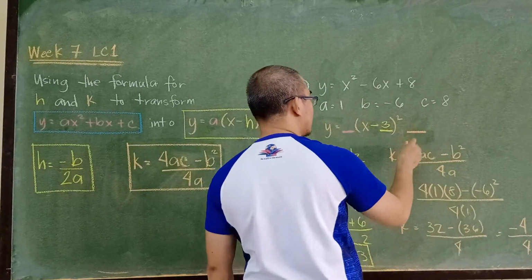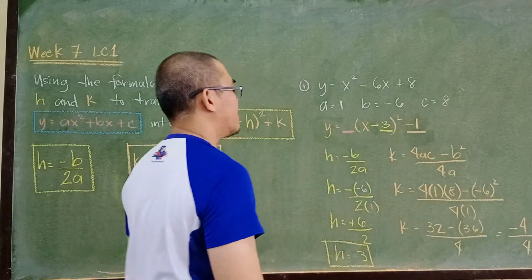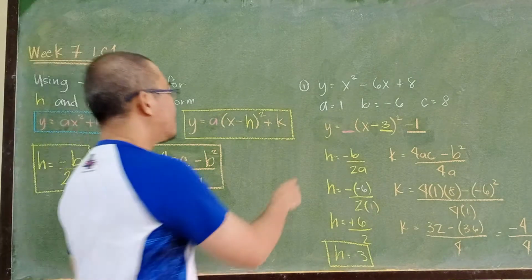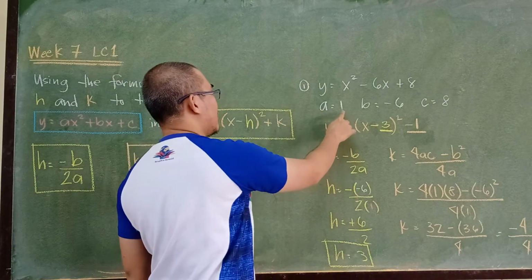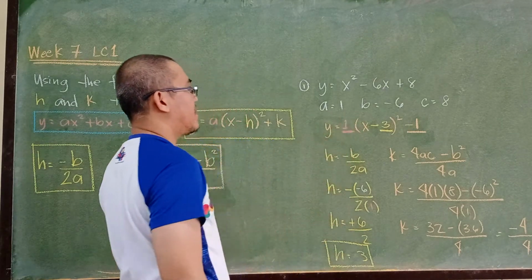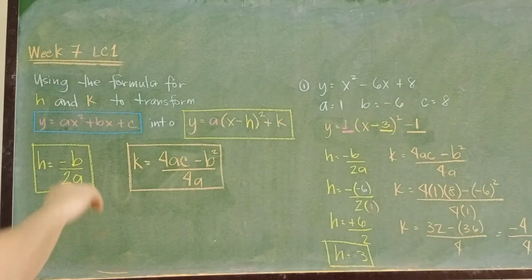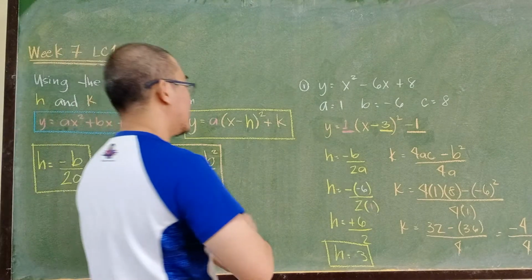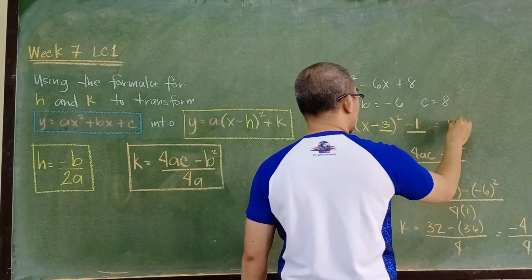So ilalagay mo dito negative 1. Now, ano yung value ng k? Yung value ng k mismo yung ito. So this is 1, positive 1. So, kung i-rewrite natin para mas maayos tingnan, magiging y.